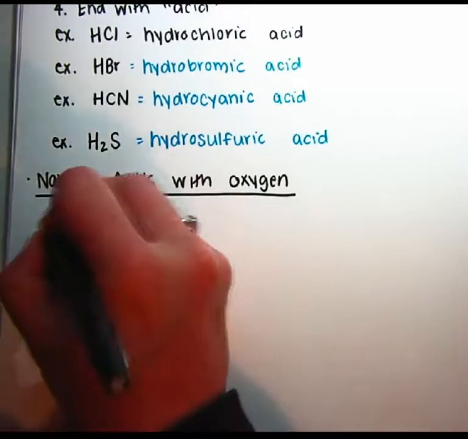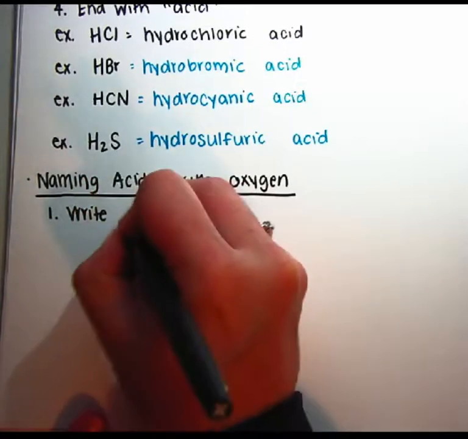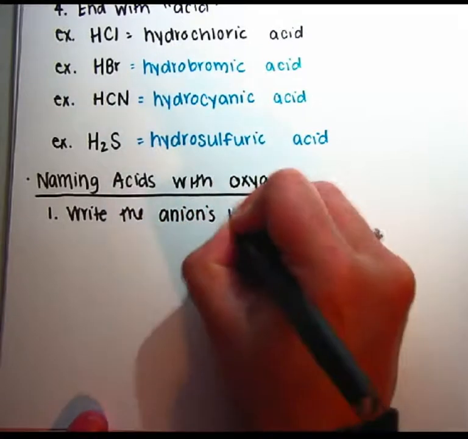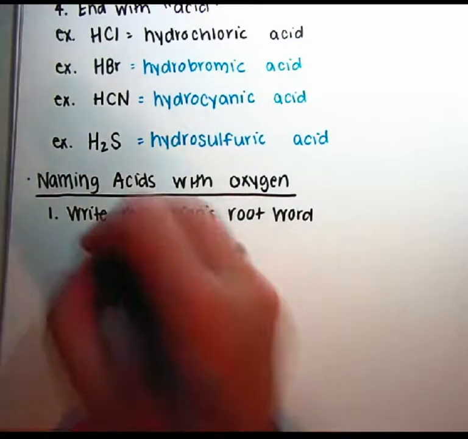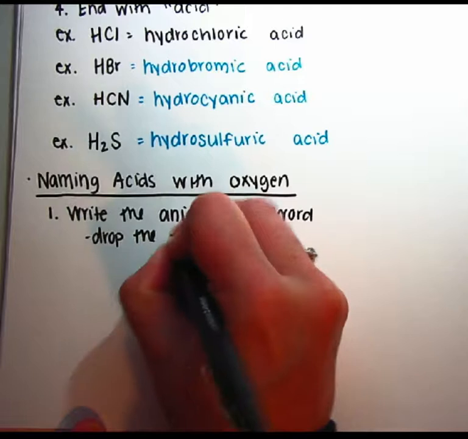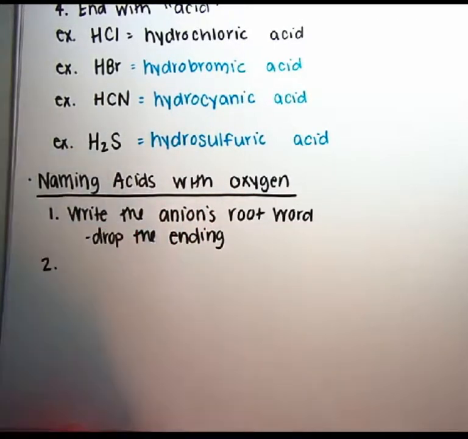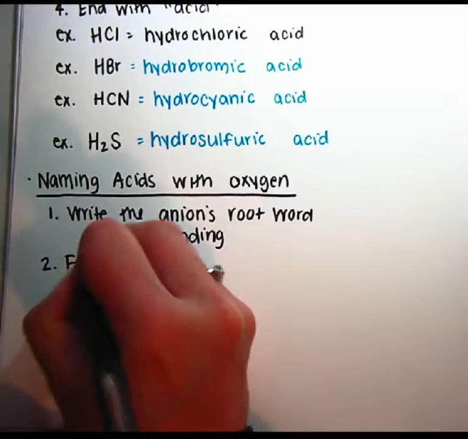So we are going to start by writing the root word. And we are still going to drop the ending. But the suffix that we're going to add is going to depend on the polyatomic ion.